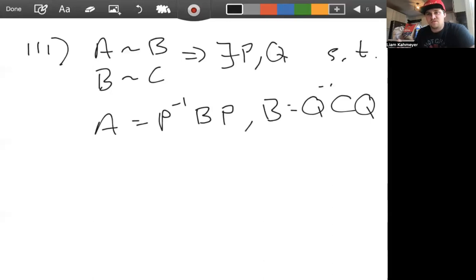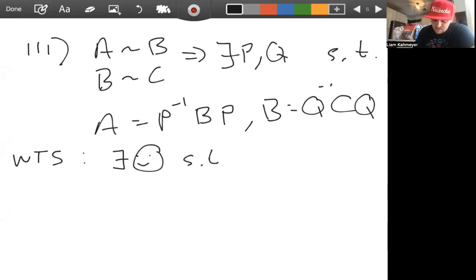The objective is to show that A is similar to C. So we want to show that there exists a matrix, smiley face, can't think of anything else, such that A is equal to smiley face inverse C smiley face. So we need to construct this matrix smiley face, if it exists.